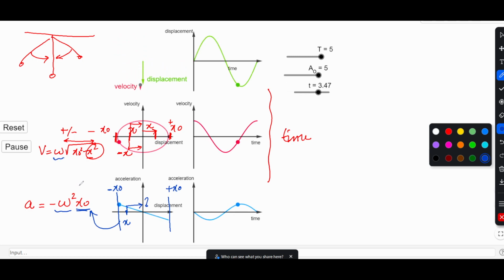It's not changing. And on the other hand, we have these velocity-time equations and acceleration-time equations, and we've done those as well. So, for example, if we have v = x₀ω cos(ωt), I will put a time of my choice and it will tell me the exact velocity at that timestamp. It is going to be my choice.